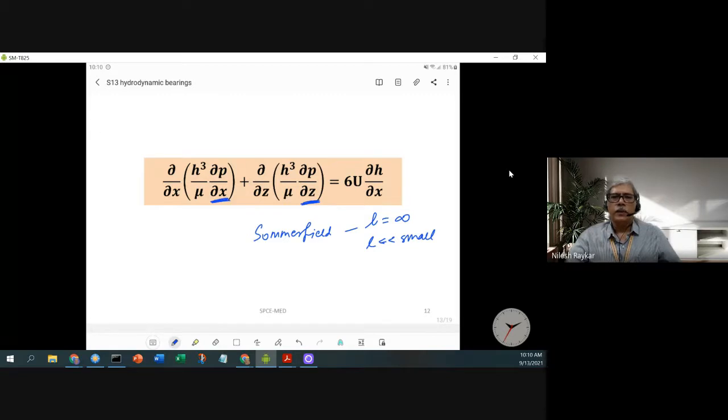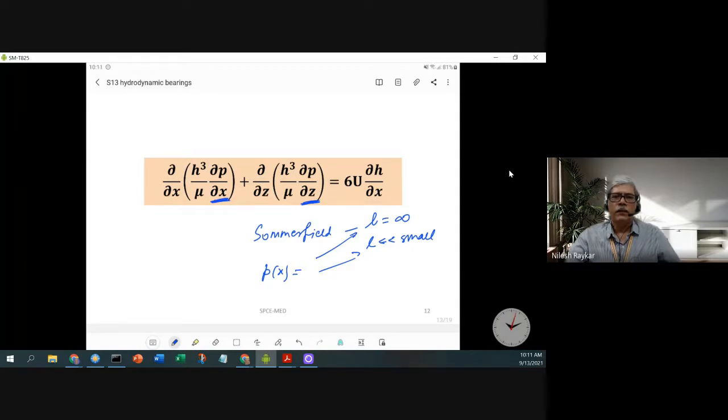That means he could find the function which defines the pressure variation when length is infinity and when length is very, very small. For a finite length of the sleeve, the analytical solution could not be found. That is practically more relevant because we never will have very long or very short bearings.